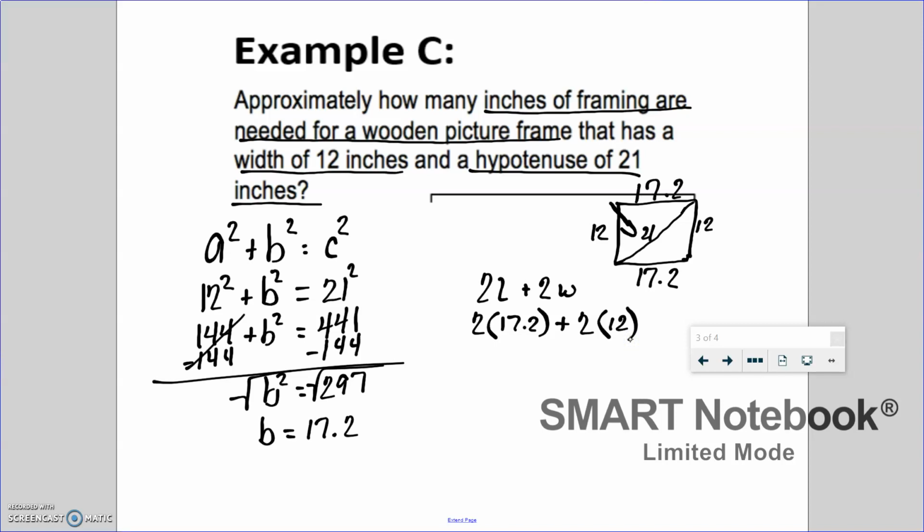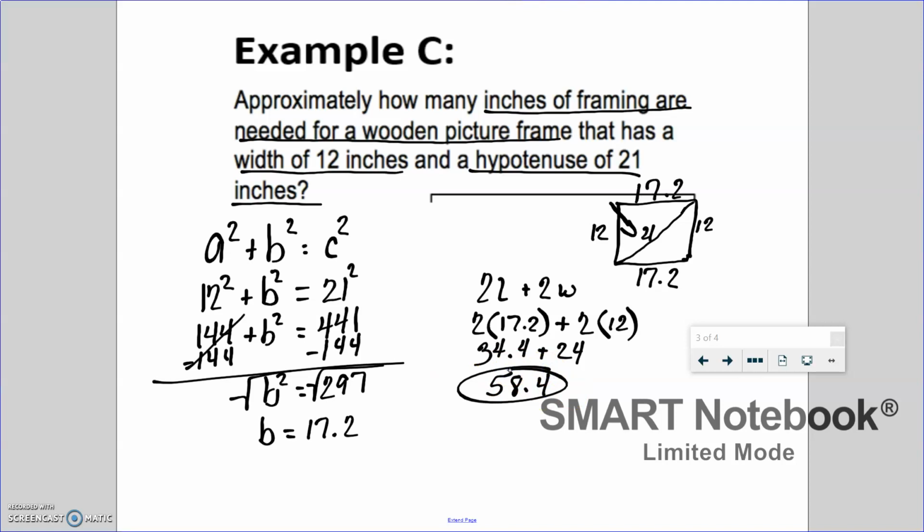So 17.2 times 2 gives us 34.4 plus 24. And that gives us 58.4 inches. And that would be your answer.